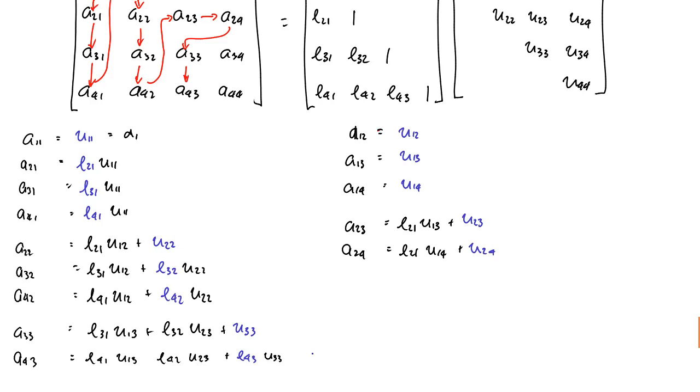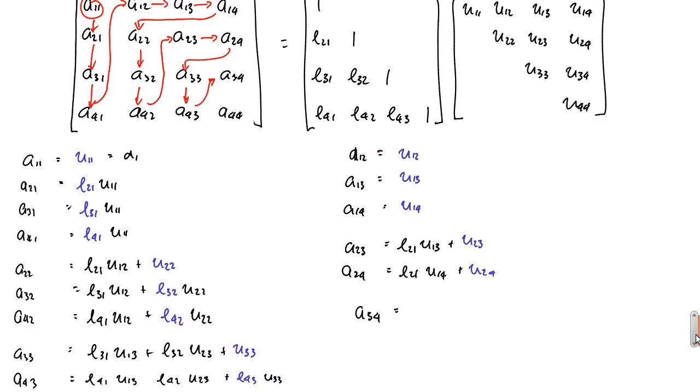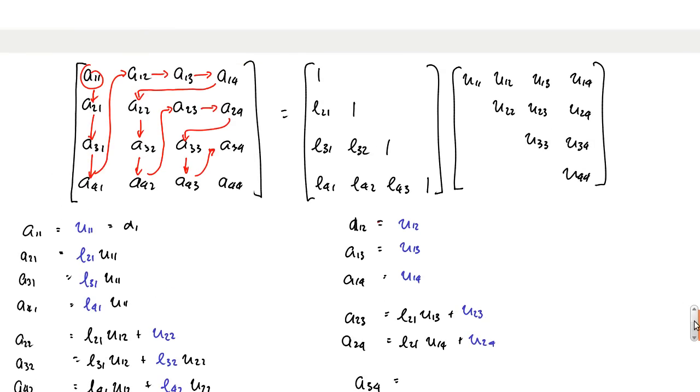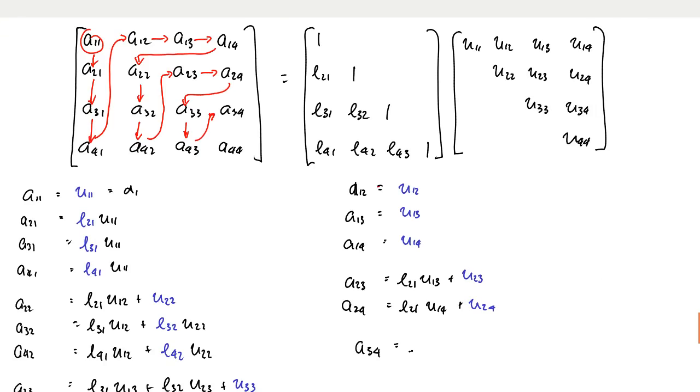That's all. And finally, if we're doing a general LU, we need to go this way as well. So we'd get A34, third row, fourth column gives us L31 U14, we have those, plus L32 U24, we have that too, plus U34.